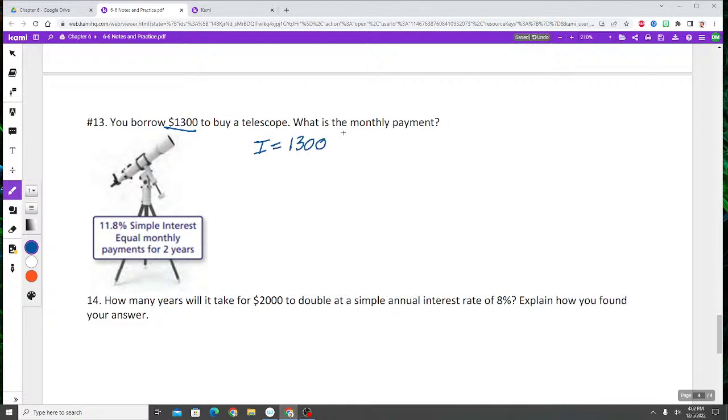So that's $1,300 times 0.118% interest for 2 years. We're going to then have that product be $306.80. So now we have to add $1,300 plus $306.80.